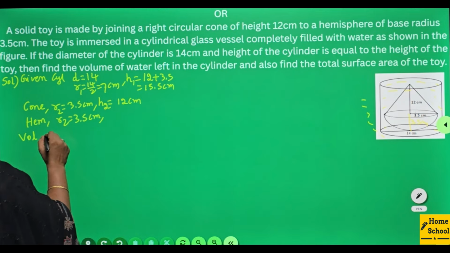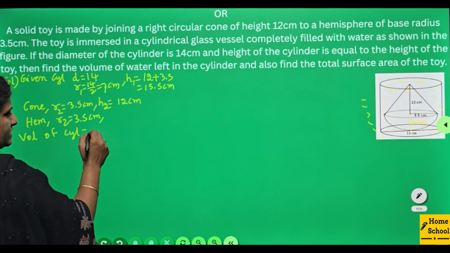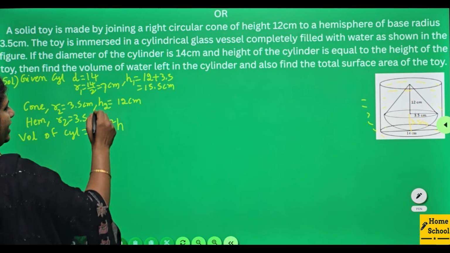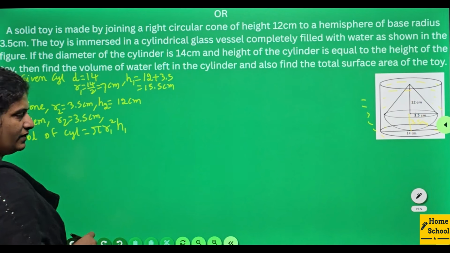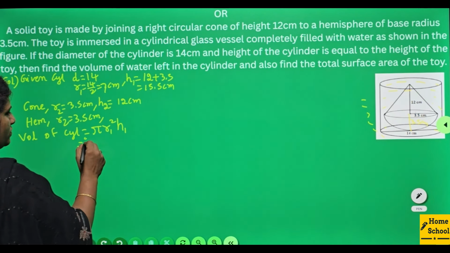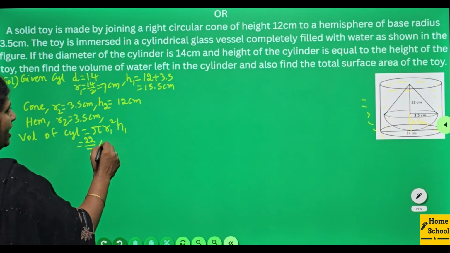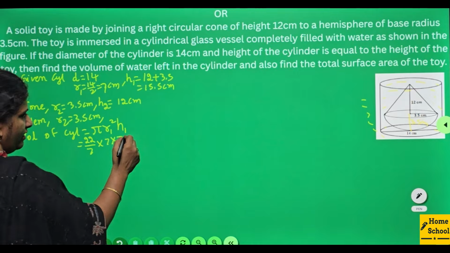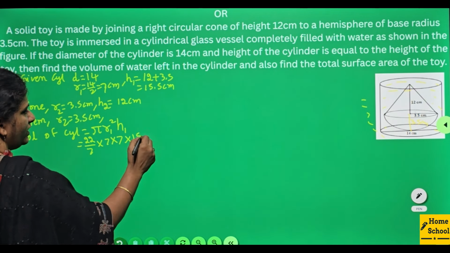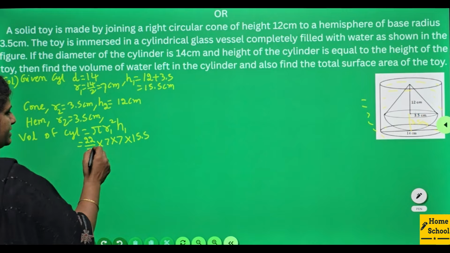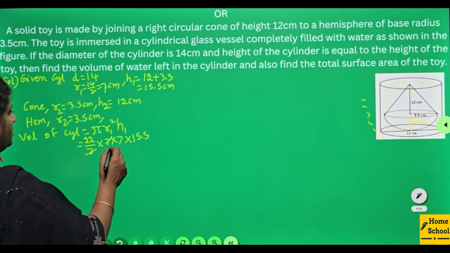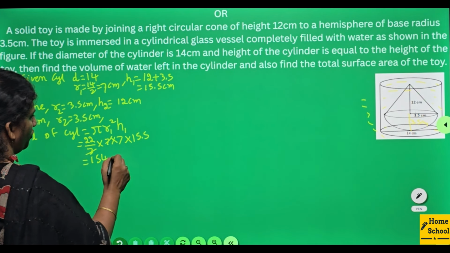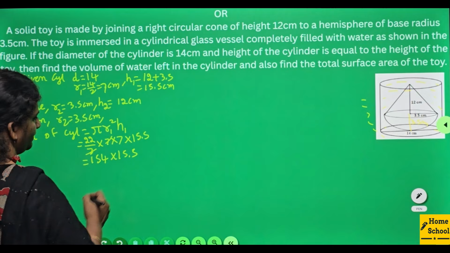Volume of cylinder. What is volume of a cylinder formula? Pi R square H, whereas R1, H1. Pi value is 22 by 7. R1 value is 7, and write one more time R1 square, right? H1 is 15.5. 7 cancel. 7 into 22 it will be 154 into 15.5.